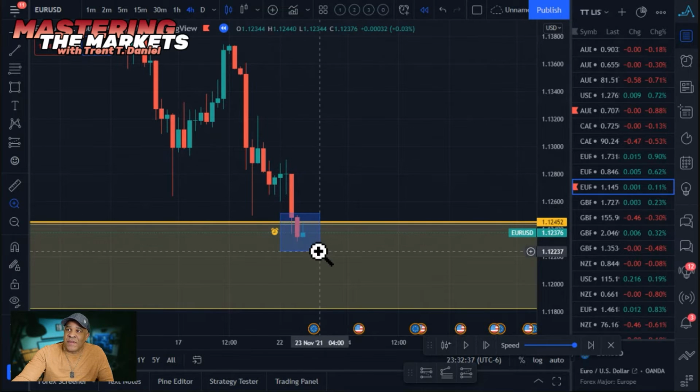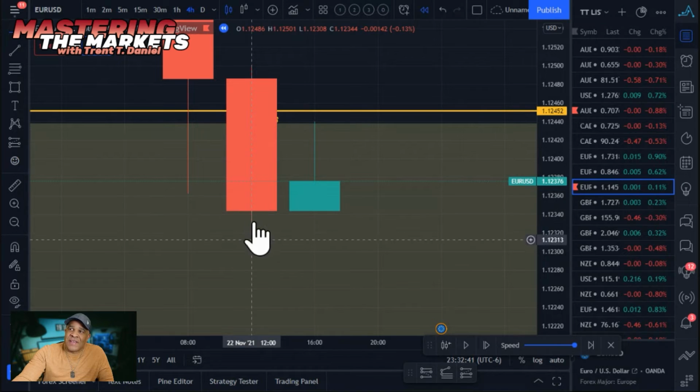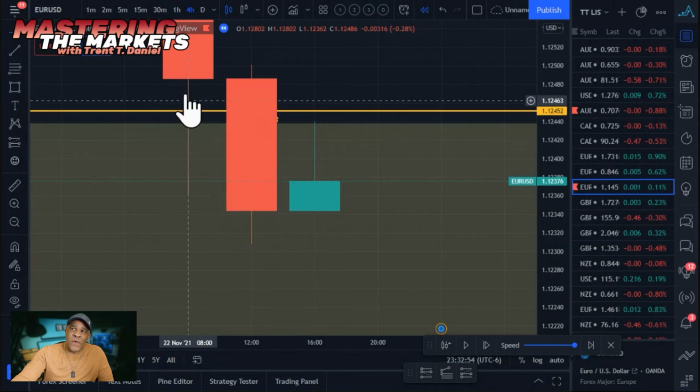You see, this bar doesn't look like this one. This wick, see this little part hanging off the bottom of the body of this red bar? See, that means that there was price rejection. So that means the price got down here and it was aggressively pushed up. If you look at the one before it, it has an even bigger wick to it.